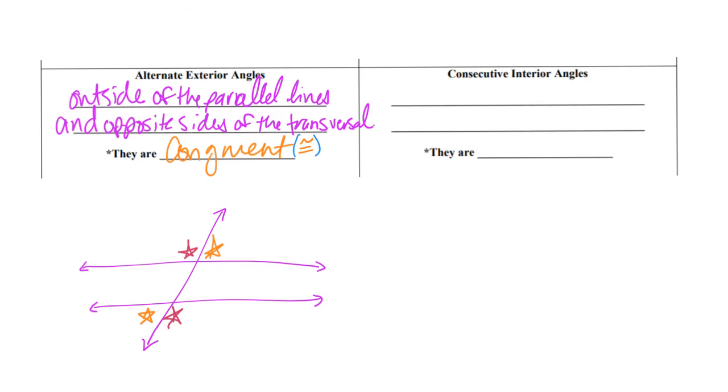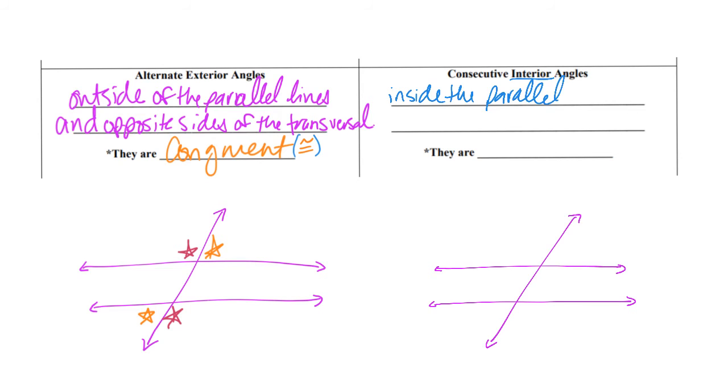All right, so looking at our last definition, consecutive interior angles, we still have our same parallel lines and our transversal. But this definition is, because it says interior, inside the parallel lines, but on the same side of the transversal. And the reason is it says consecutive, not alternate.